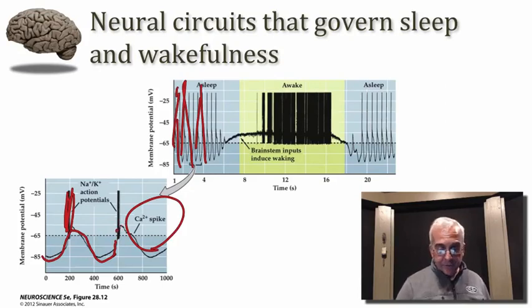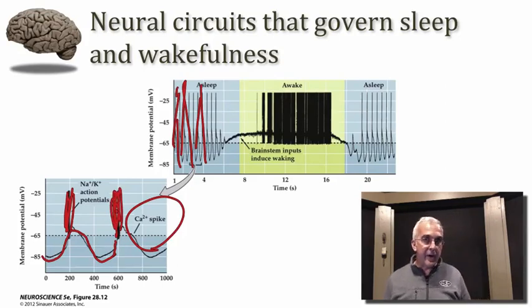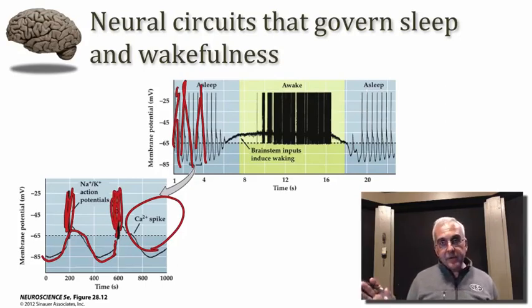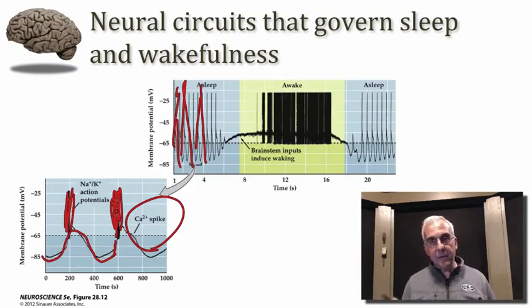So when that threshold is reached, Hodgkin-Huxley style action potentials fire, and that leads to a barrage of activity, a little burst of activity that rides on the top of that depolarizing envelope. And after that brief barrage of action potentials, then the membrane potential hyperpolarizes again, beginning yet another cycle.